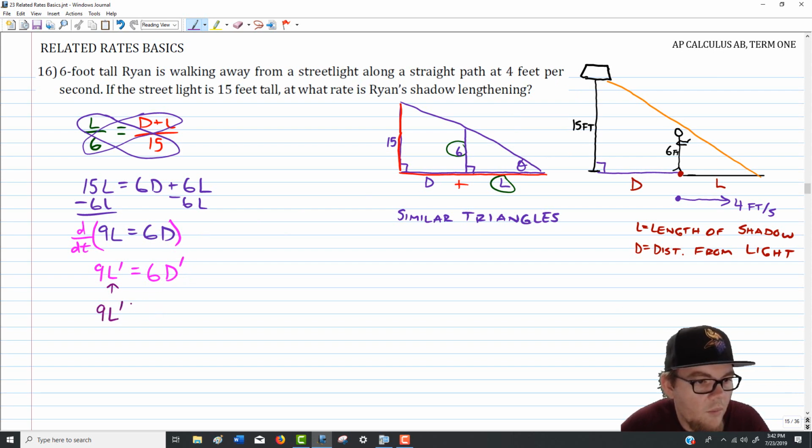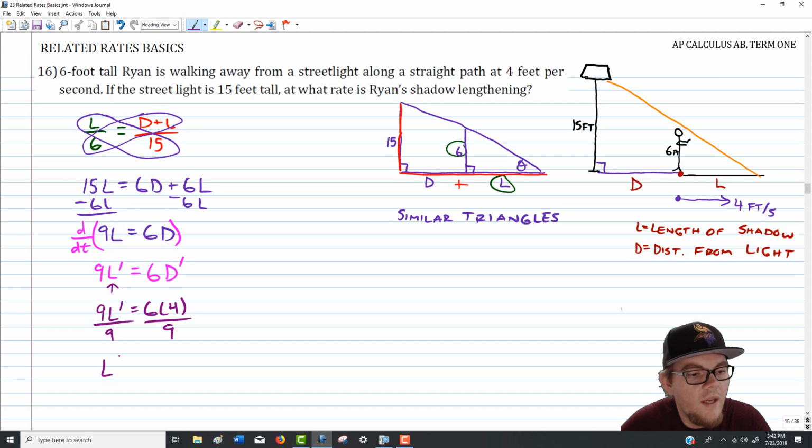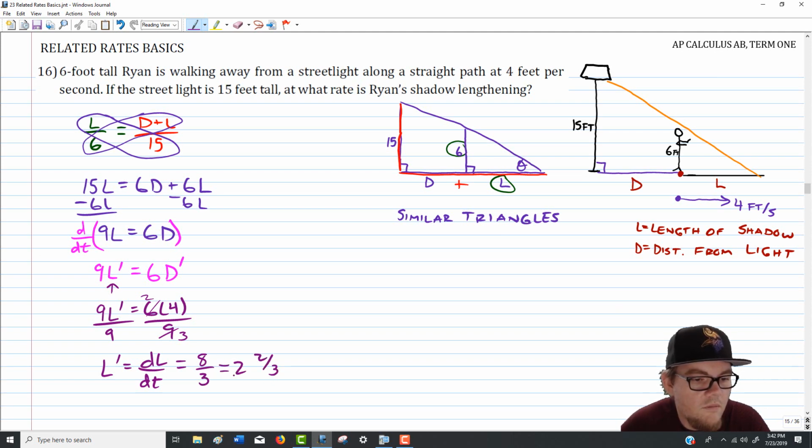So we're going to get 9L prime equals 6 times 4. From there, we can divide both sides by 9. We'll get L prime, also known as dL/dt, the missing derivative at this time, is equal to 8 over 3, which is 2 2/3.